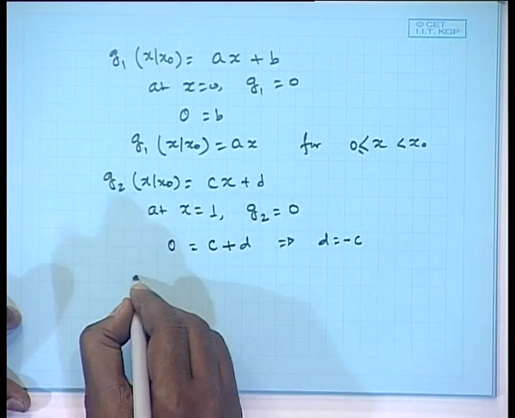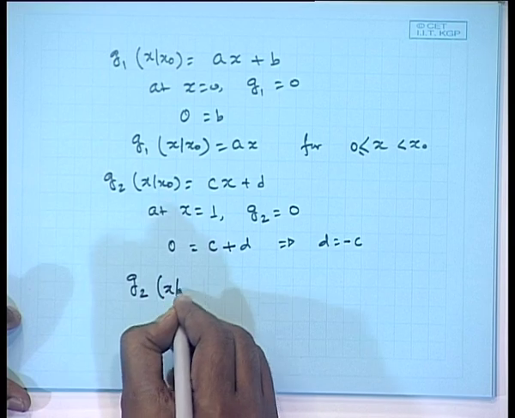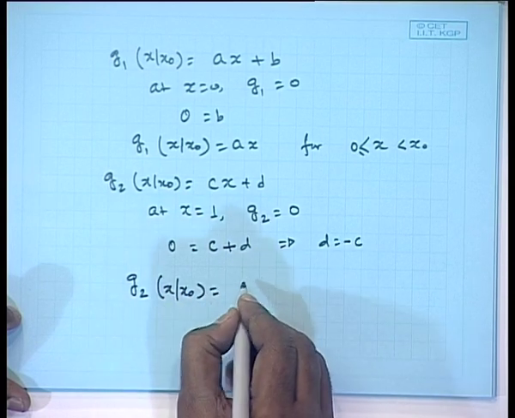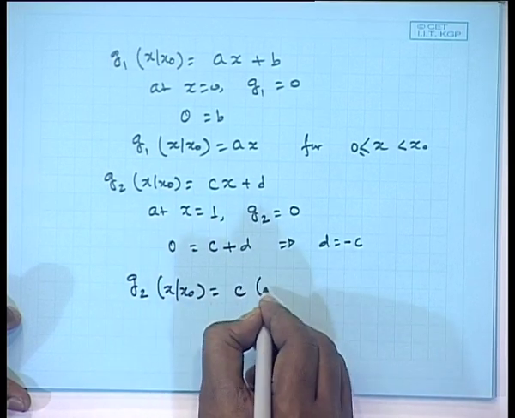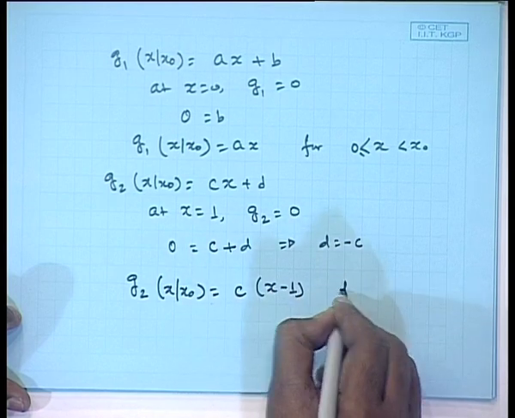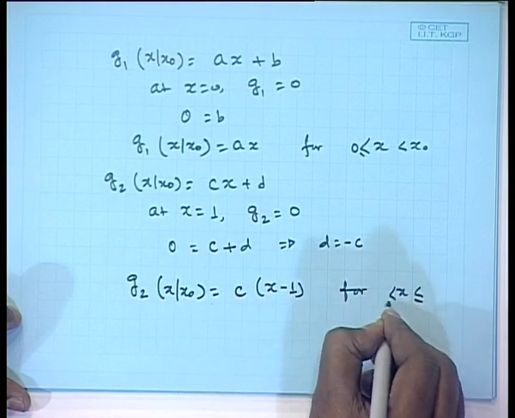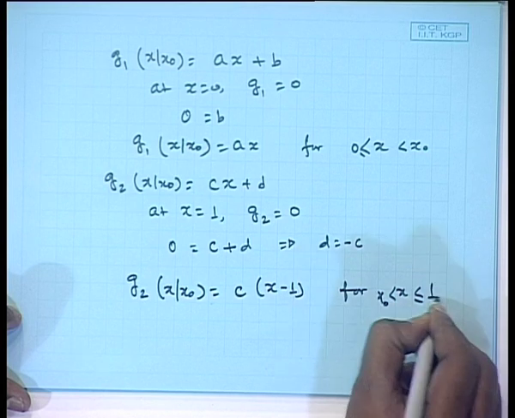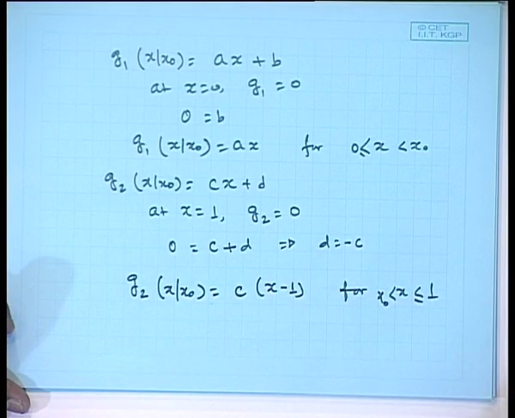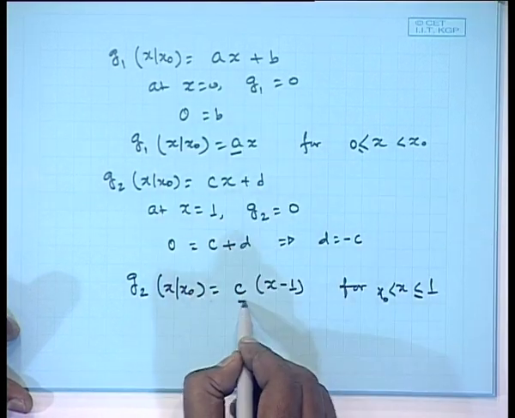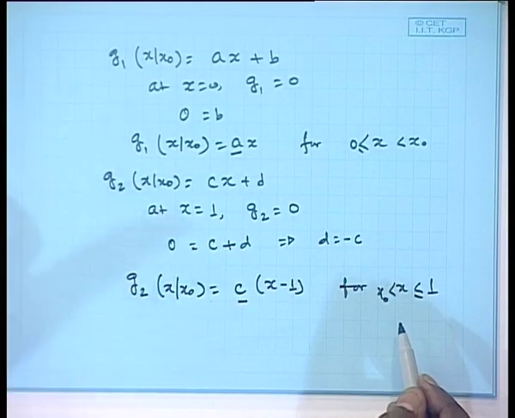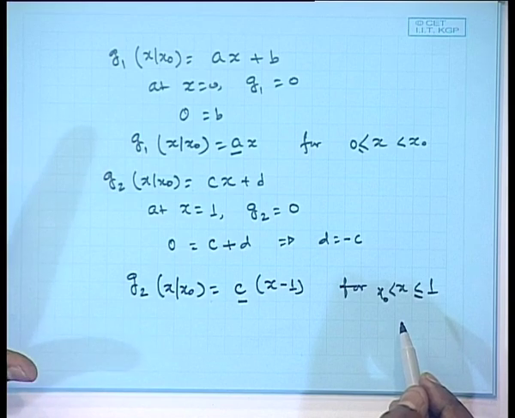If d is equal to minus c, the solution is g2 x by x naught is nothing but c into x minus 1. Now, you evaluate the remaining two constants a and c from the continuity of Green's function and the jump discontinuity condition.